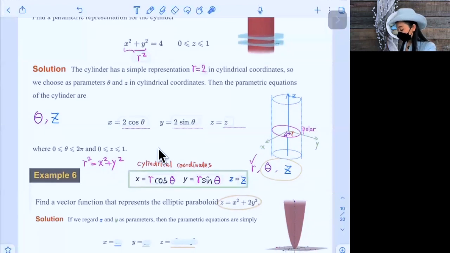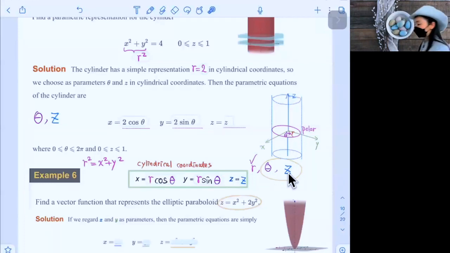So now we can decide the two parameters u and v. In this case, r is fixed, r is 2, so we're going to pick theta and z as the two parameters u and v.